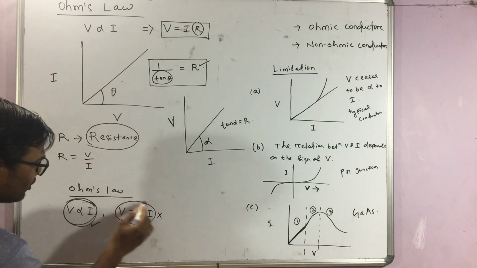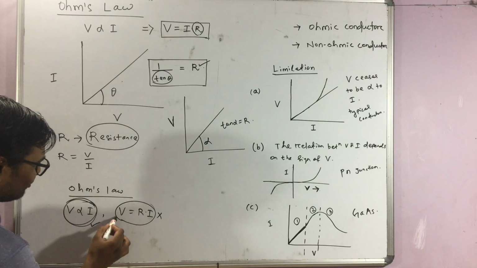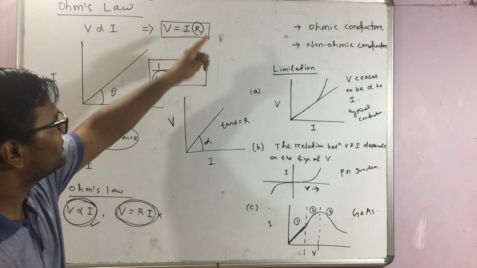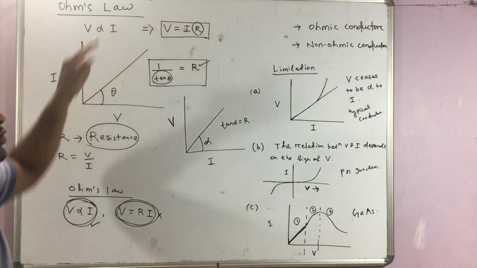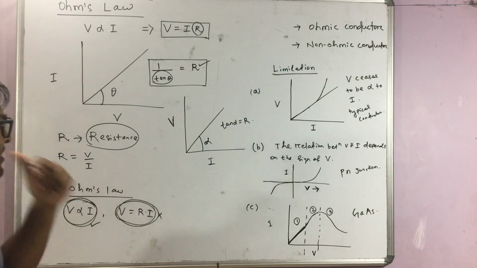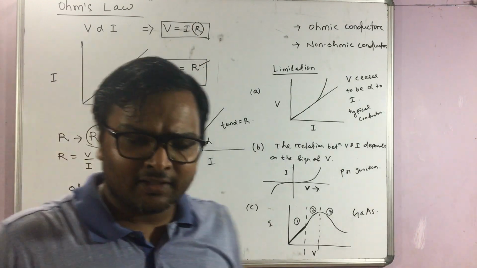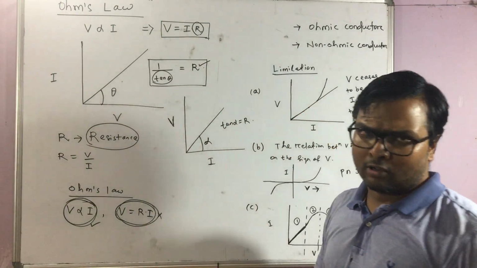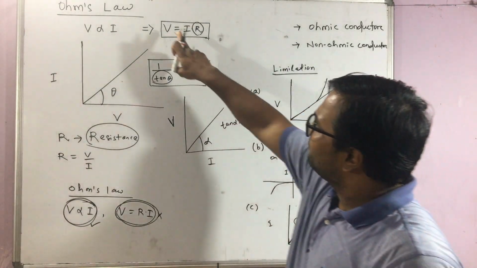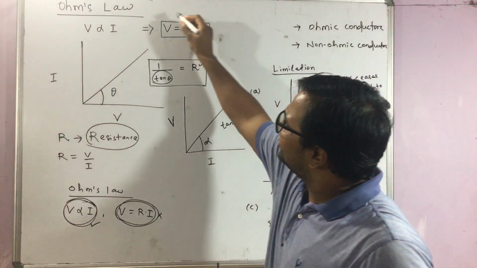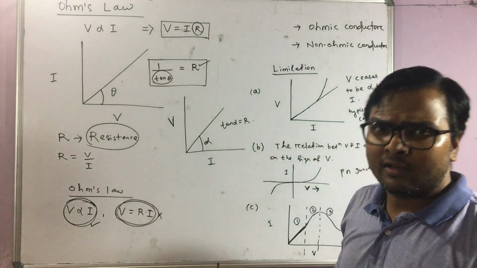That relation is not V is equal to IR. Someone might question, sir, we have written V is equal to IR, but this is not Ohm's law. Ohm's law is V is proportional to I. How? Because there are some materials that won't obey Ohm's law, but still we can apply the mathematical equation V is equal to IR for them. It is just a mathematical relation. Clear?